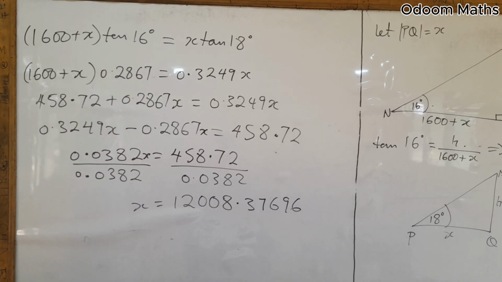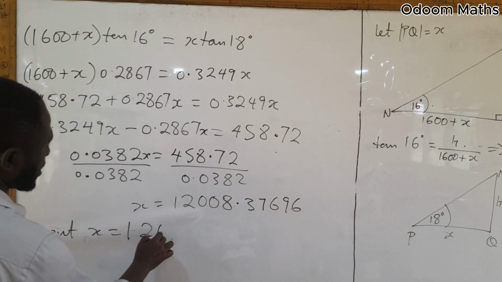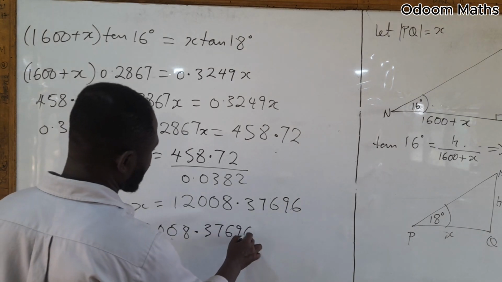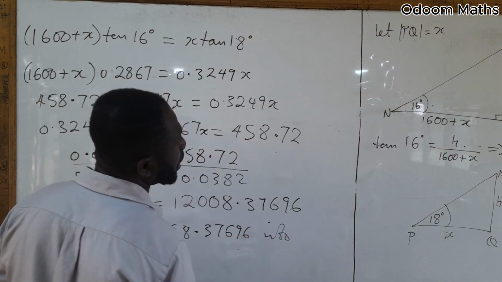Okay, so that we get a perfect answer. Now this is x, so we put x equals 12,008.37696 into any of the equations.